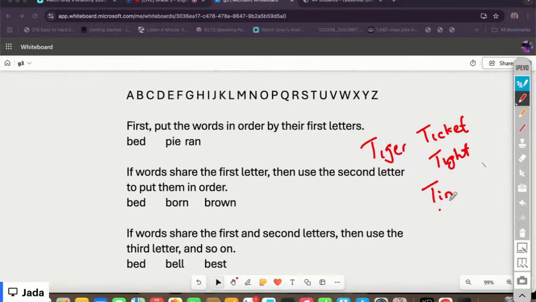So you send on the chat the right order for tiger, ticket, tight, and then team.